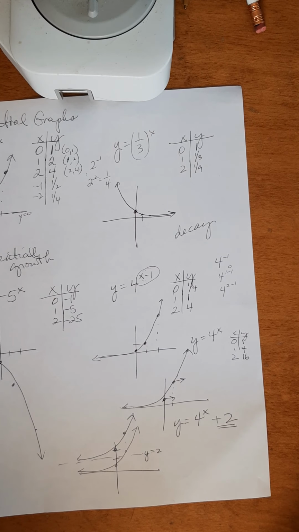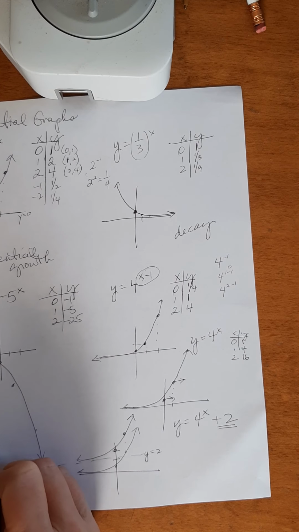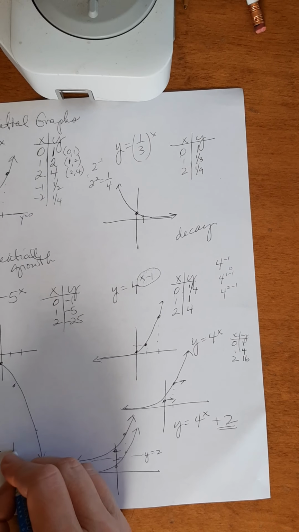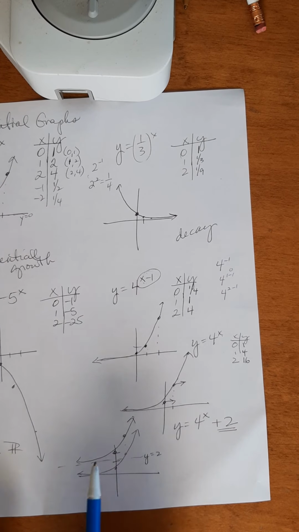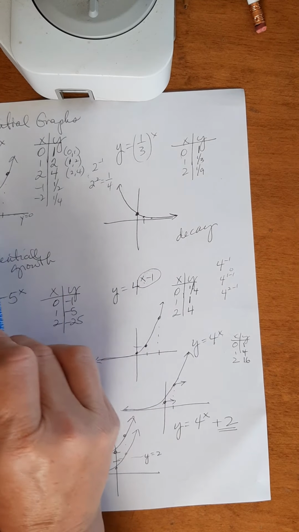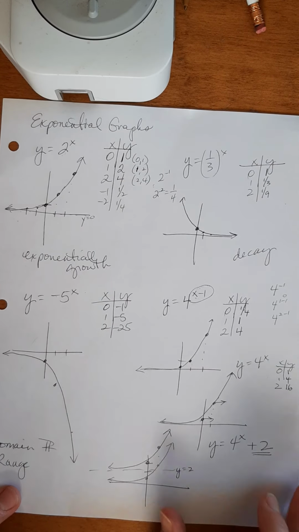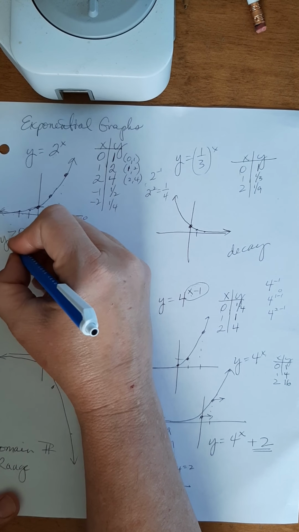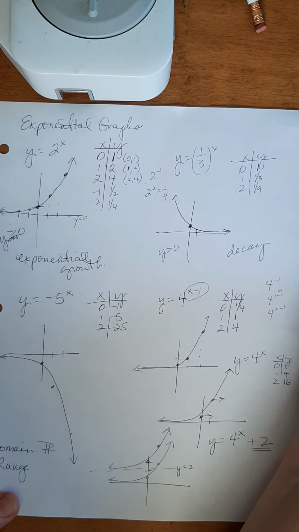Now, you might wonder why that makes a difference. Well, you have to be careful with domain and range. Remember, for any of these there are no restrictions, so domain is all reals. Range, however, would be greater than 0.